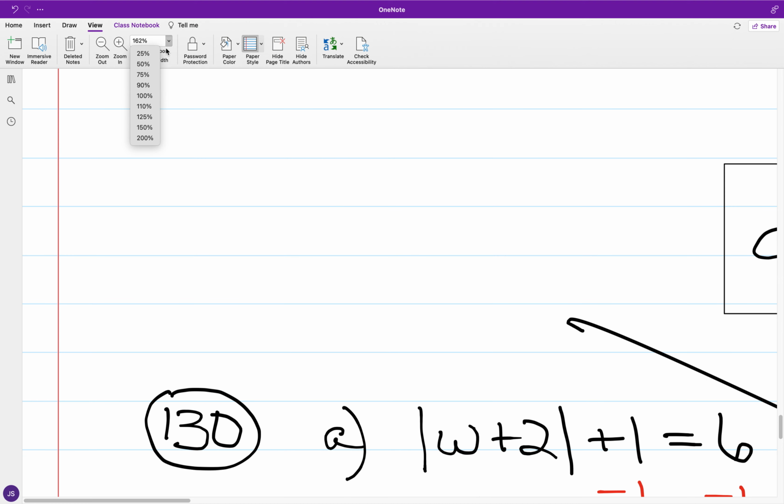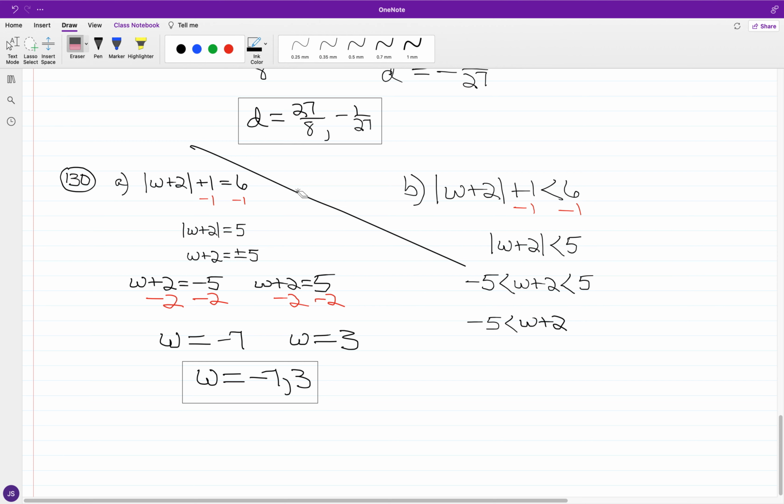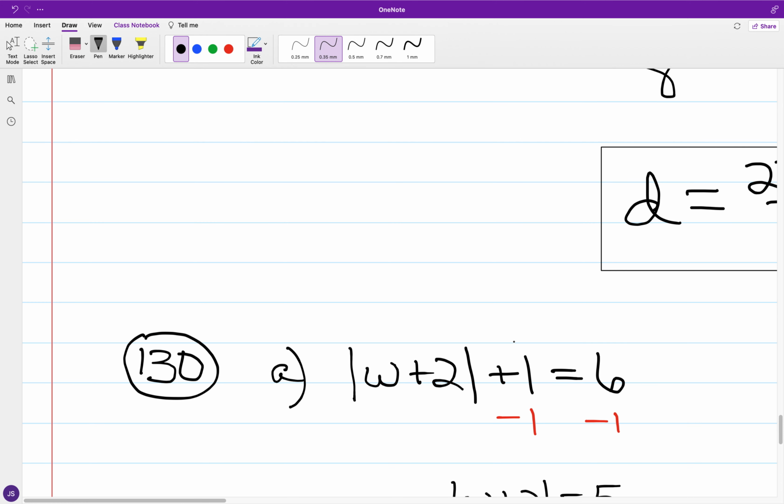And for getting W by itself, we're going to subtract 2 from all portions of this compound inequality. Upon subtracting 2, negative 5 minus 2 is negative 7. Negative 7 is less than W, and W in turn is less than 3.